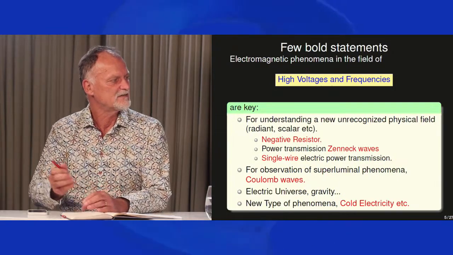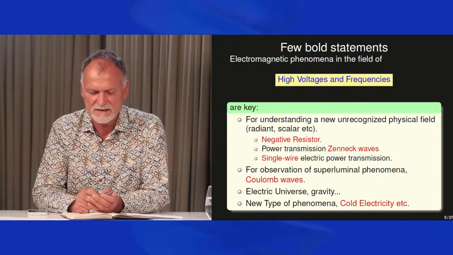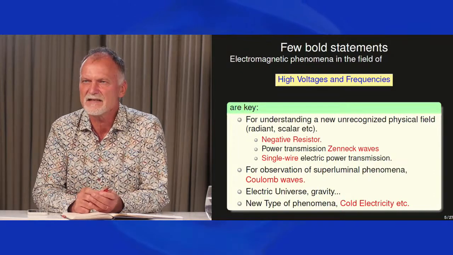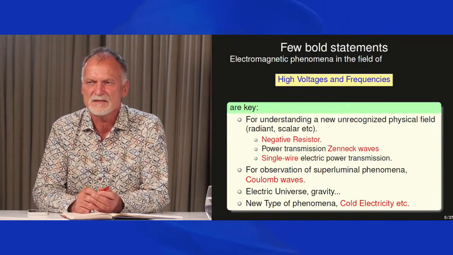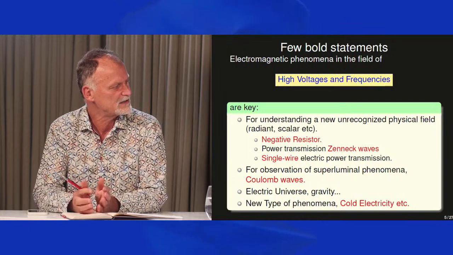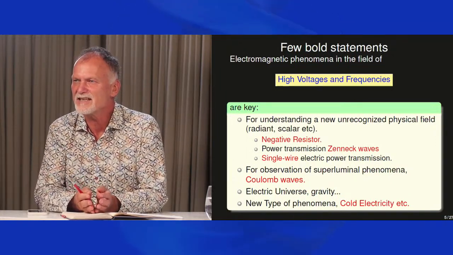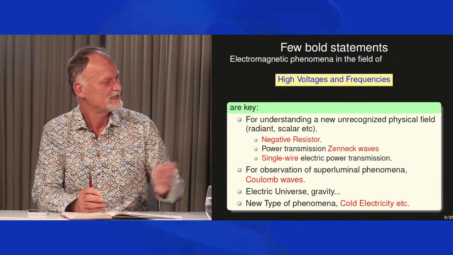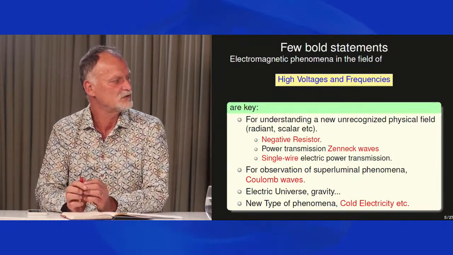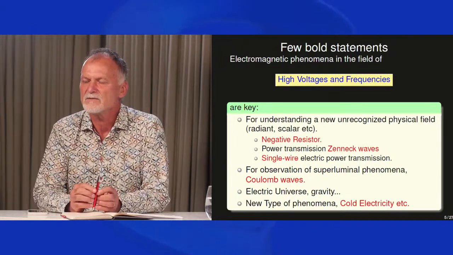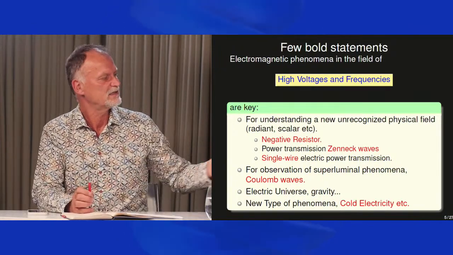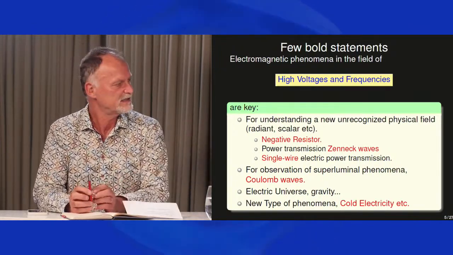Then, as we learned from Professor Assis, Weber electrodynamics maybe also allows us at some point to understand that the universe is actually electric, right? So that's the notion. I think there exists a huge community of people who are really working on the electric universe theory, right?